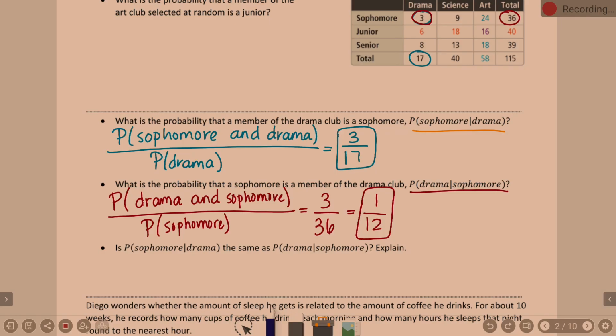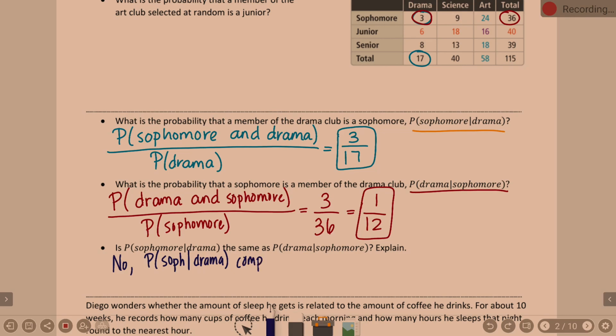So, are they the same? No. That's the simple answer, right? My explanation, I said the probability of a soph given they're in drama compares sophs in drama to all drama club members. So let me see how. So probability of the first one, a soph given they are in drama club.